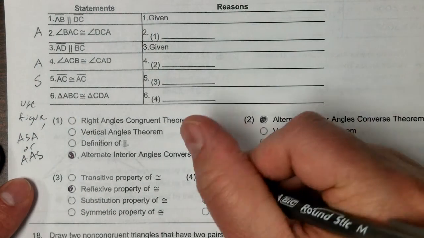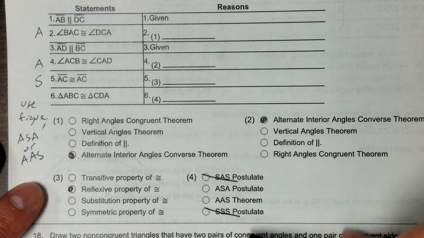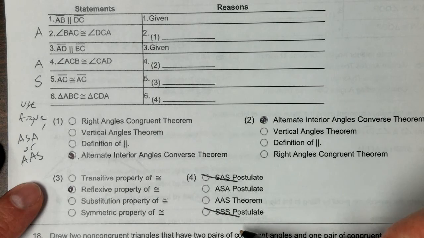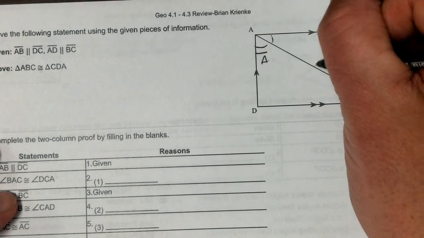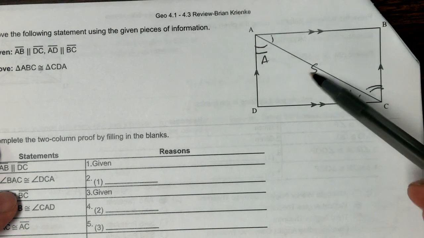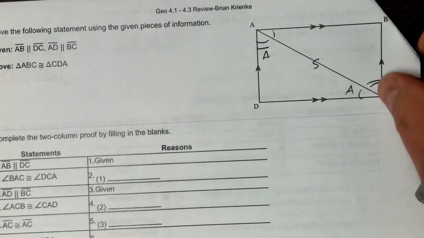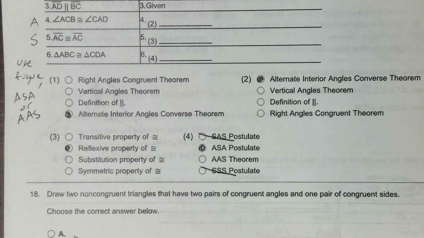So we can rule out a couple of choices. And based on the figure, it's ASA, because it's the side that's reflexive between 2 angles. So that's ASA. Got it?